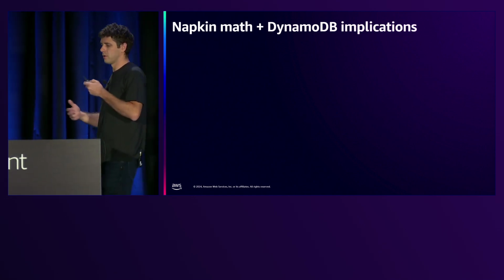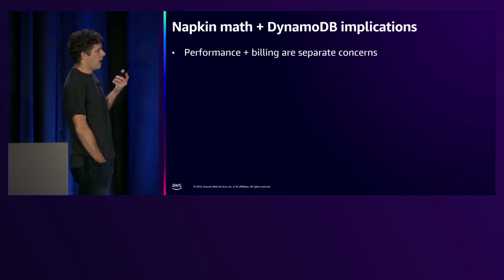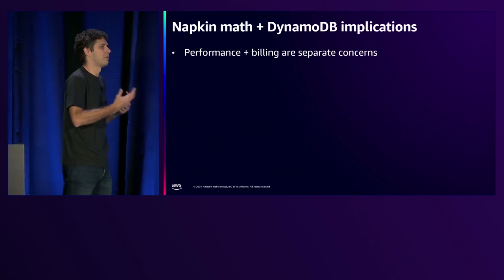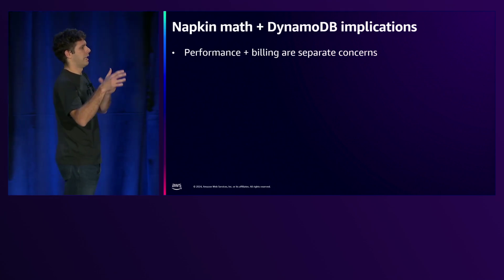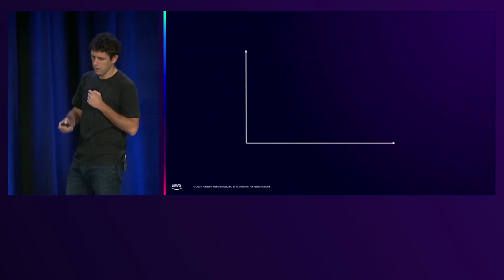I think there are some interesting implications or notes as we're thinking about napkin math for this sort of thing. And the first one is that performance and billing are separate concerns. So as you're doing this napkin math, thinking both about the throughput and latency of your application and the cost of your application, you don't have to worry about how those interact with each other, right?